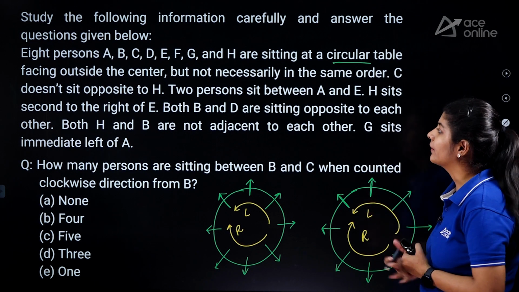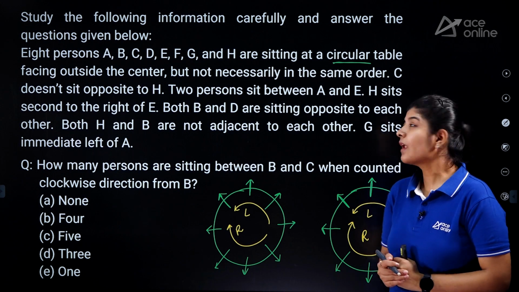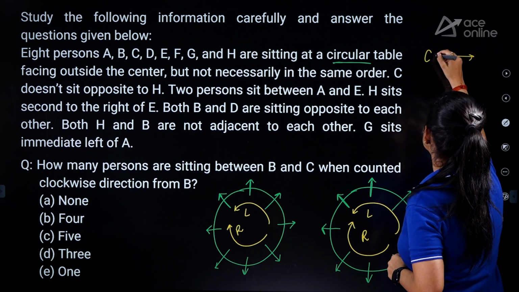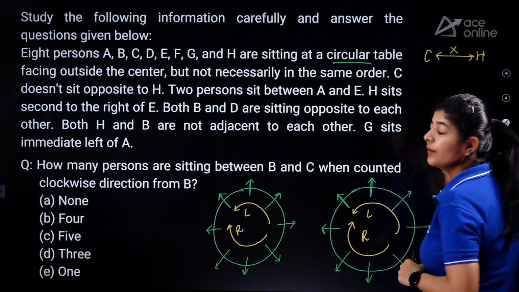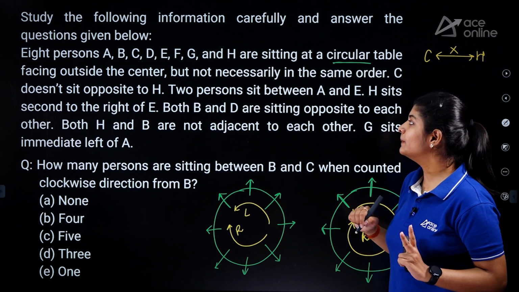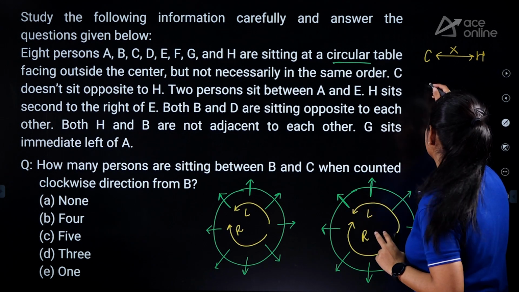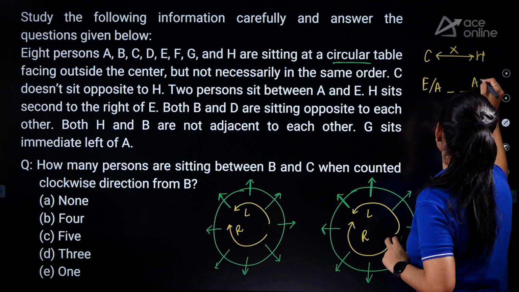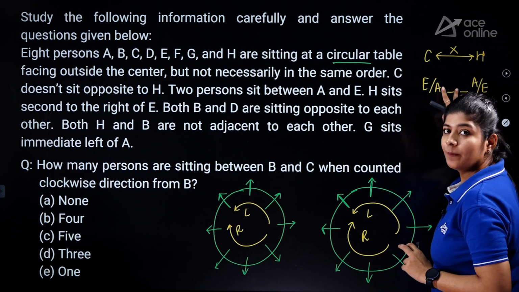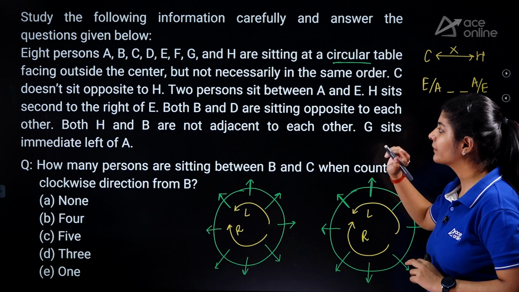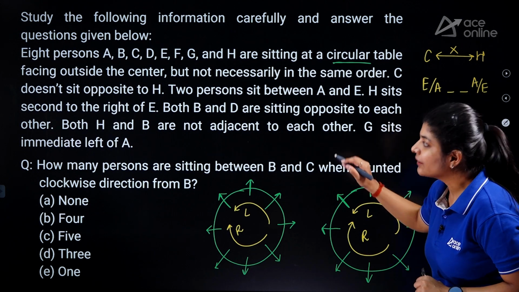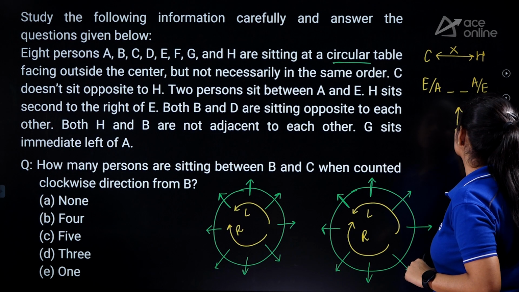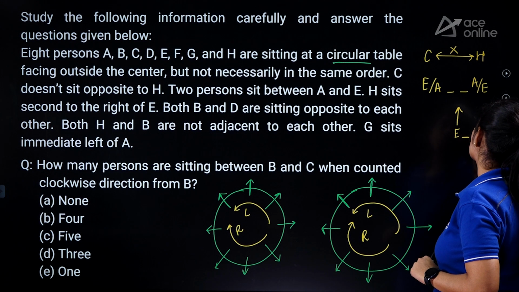For everyone else, okay. Now, the first clue says that C doesn't sit opposite to H. That means C and H are not opposite to each other. Next clue: two persons sit between A and E. Here we don't know the position, so we are going to make it like this only. These are the two persons sitting in between E and A. H sits second to the right of E. So if E is facing towards over here, the first right and the second right, H is present over here.